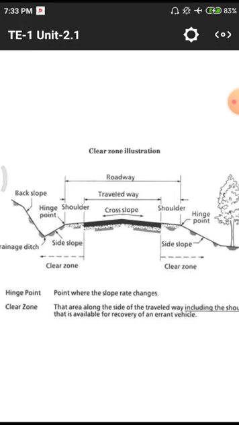Whenever we have a problem with our vehicles, like a tire puncture or any other disturbance, we need to move the vehicle from the road to these shoulders, so that other vehicles will move easily without any traffic disturbances.